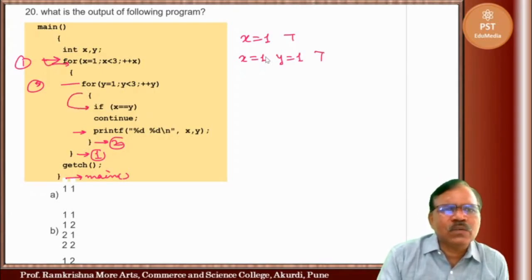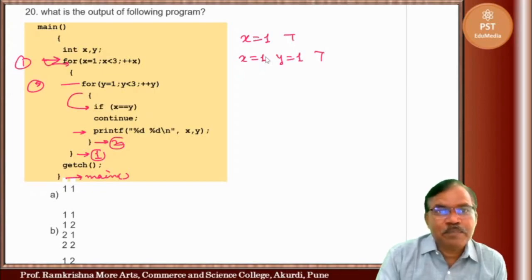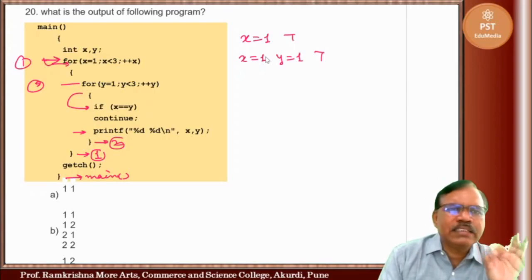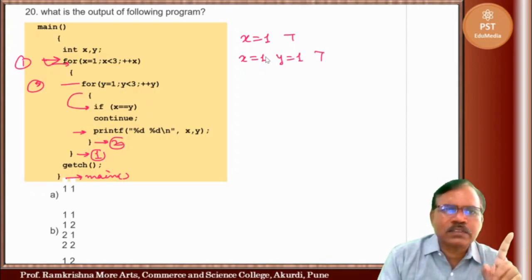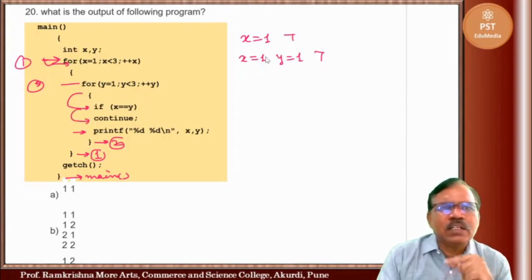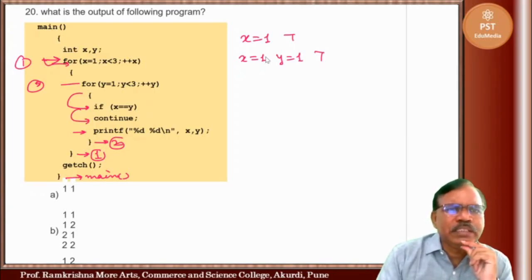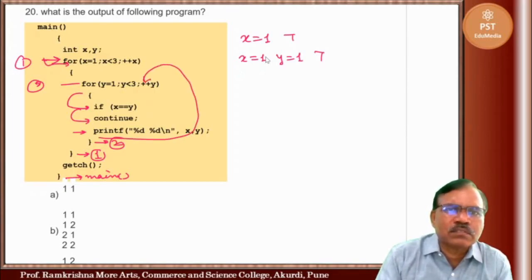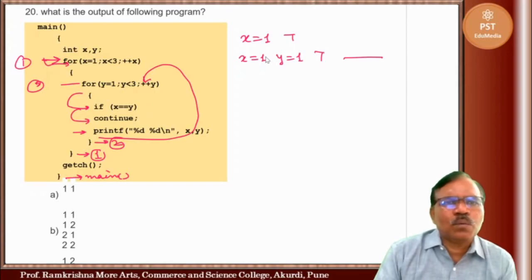If x is equal to y, the equality operator, is x equal to y, yes, so it will execute this statement. Continue means it will come out of the second for loop and go here. So the printf statement is not executed, y will become 2.